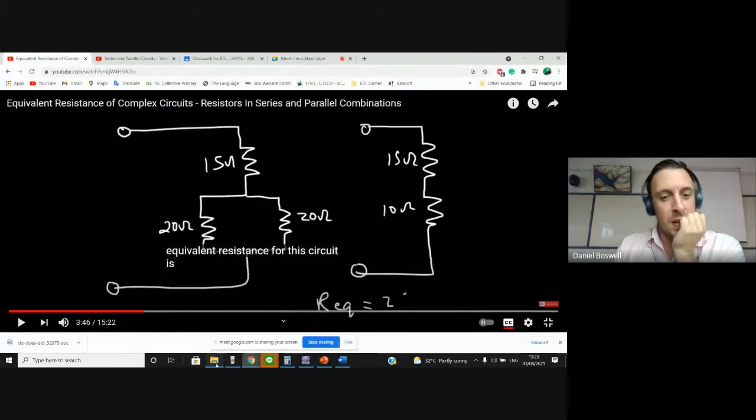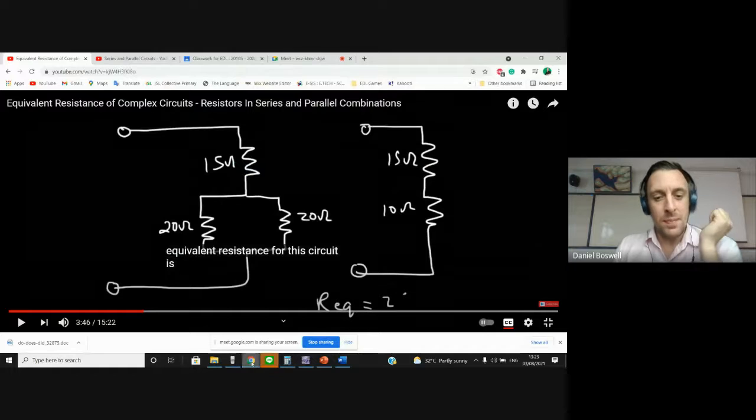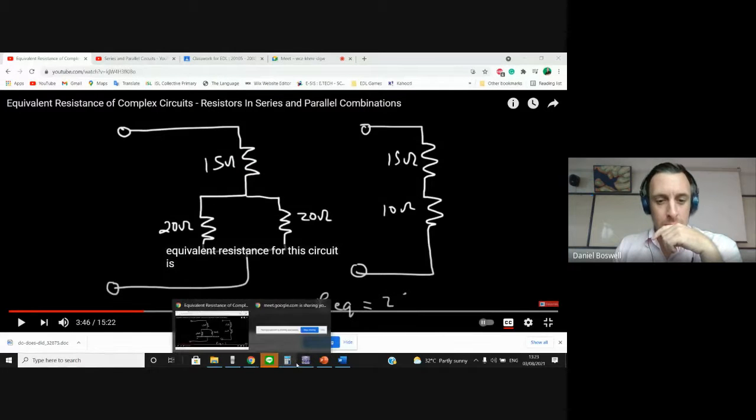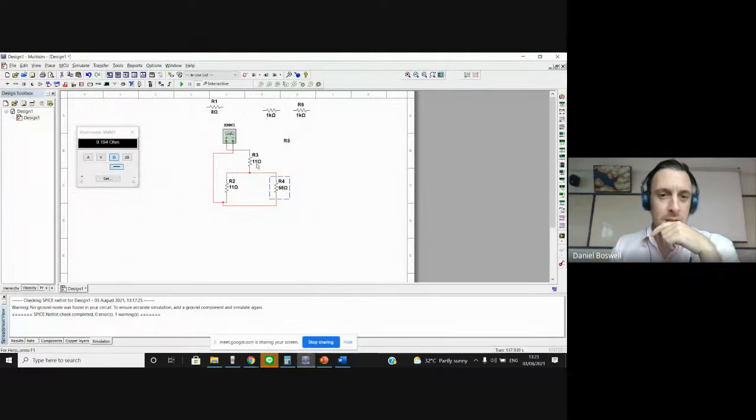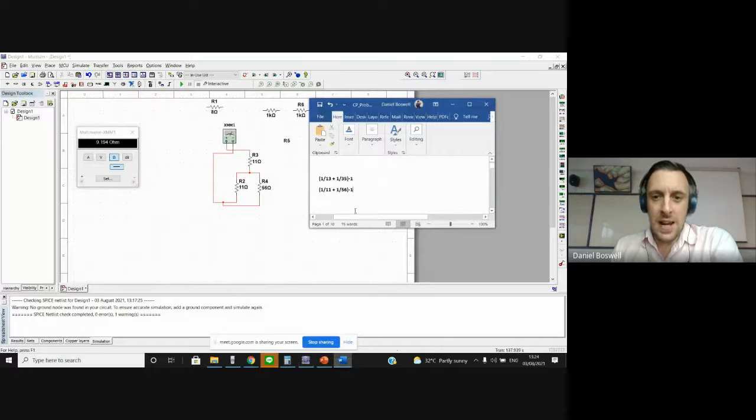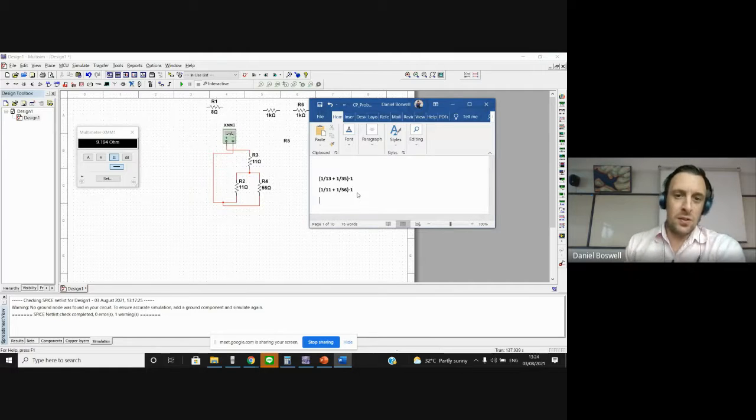Okay, let's see if we can remember how we work these out. So we'll keep it as 11, 11, and 56. Let's move a little bit closer like this. Remembering how we work this out, we work our parallel out first, so then we can put it into series. So what do we do to work our parallel out?